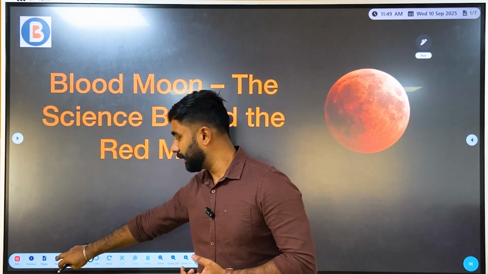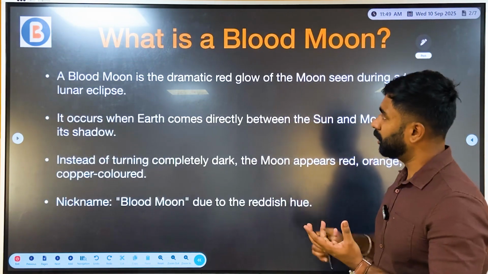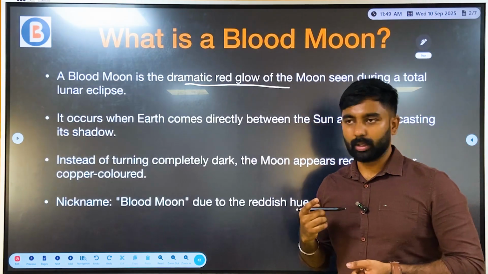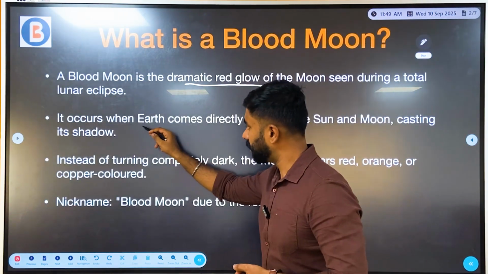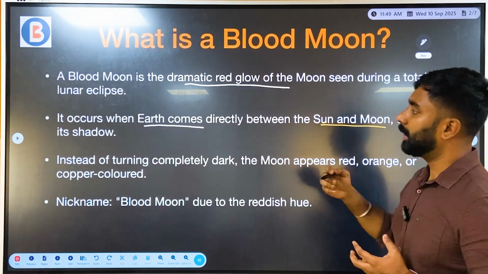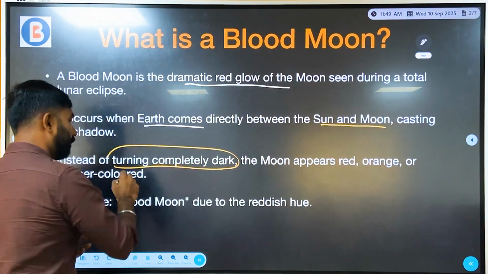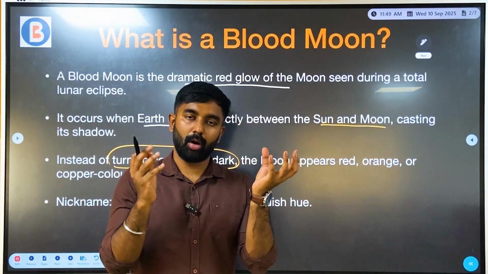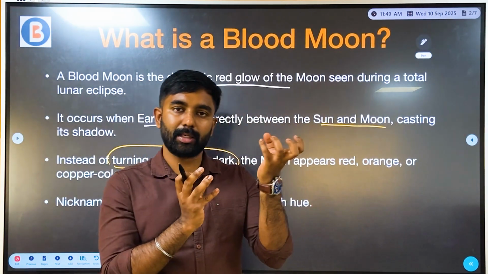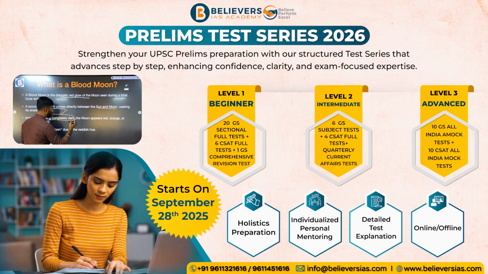So today's video is on understanding what a blood moon is. A blood moon is the dramatic red glow of the moon seen during a total lunar eclipse. It occurs when Earth comes directly between the sun and the moon, casting its shadow, and instead of turning completely dark, because when the Earth is between the moon and the sun, it actually has to make sure that the moon is completely covered in dark, right, because of the Earth's shadow.